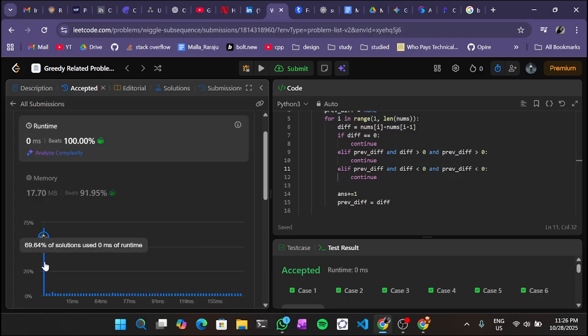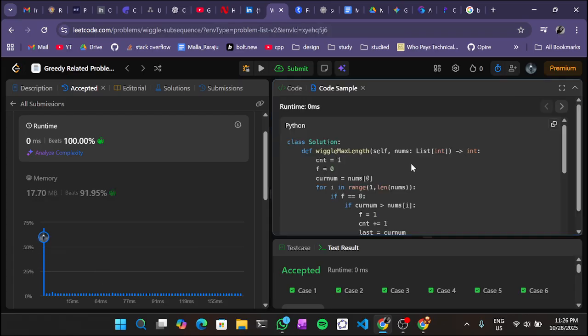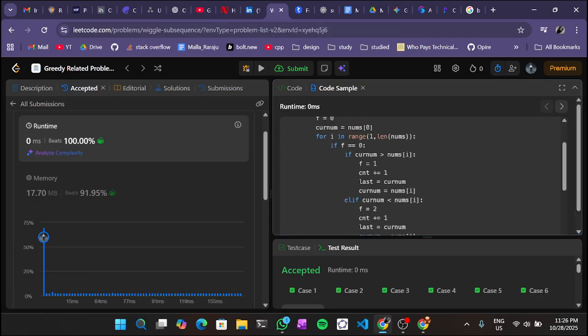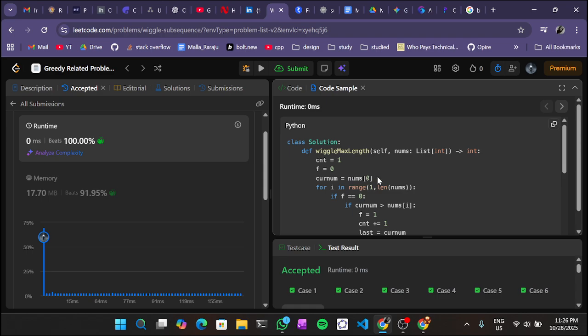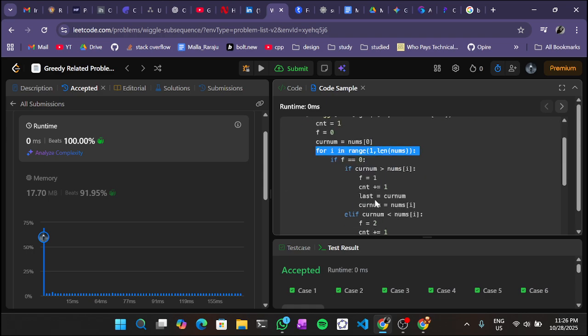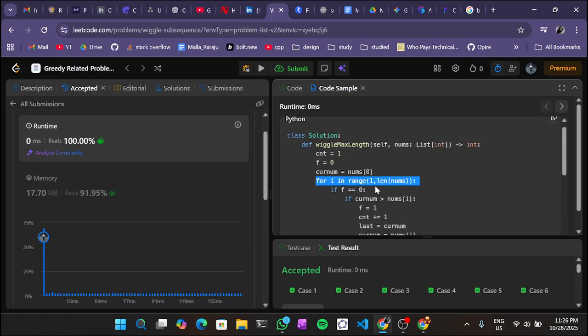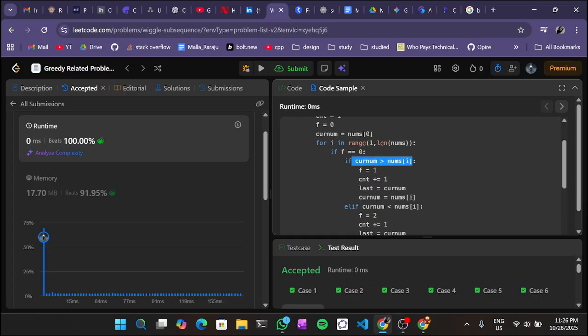Let's see another solution as well. Okay, if f equals 0, current number, f equals 1, count plus 1, last.